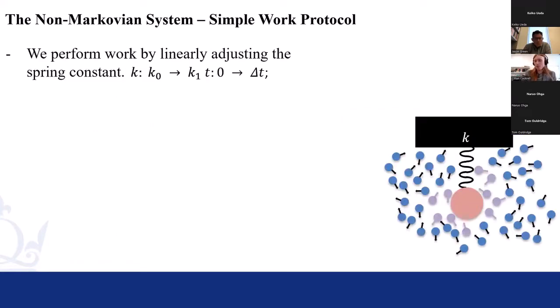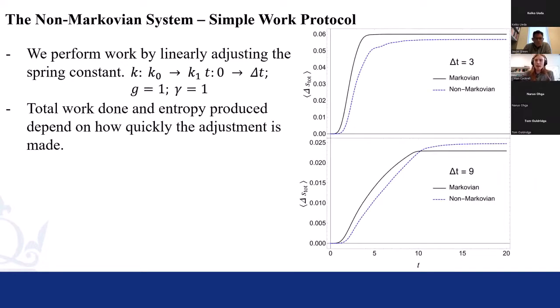Now, our second protocol is time-dependent work. We adjust the spring constant linearly over a certain time period, delta t. And here we see the entropy production for two different values of this delta t. The mean final equilibrium entropy production is different for the Markovian and non-Markovian environments.